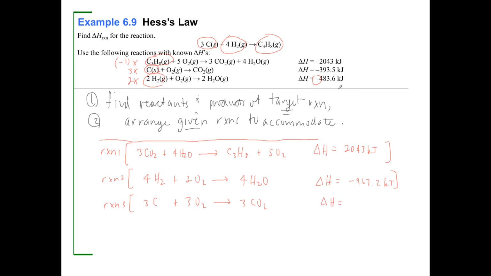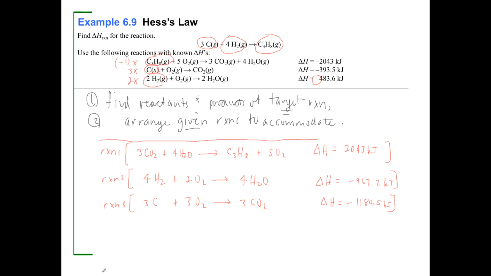And again, please pause the video and tell me what is the change in enthalpy of this reaction. Okay, 3 times 393.5 is 1180.5 kilojoules, and it's negative, right? Because I didn't turn it around.